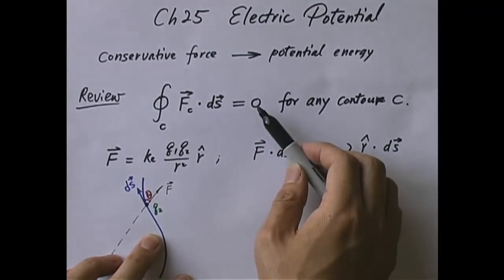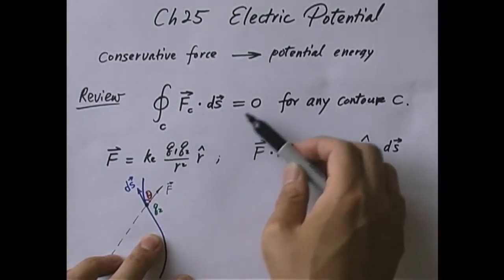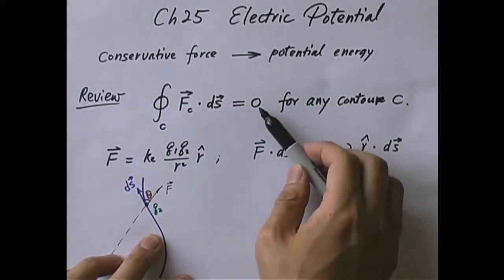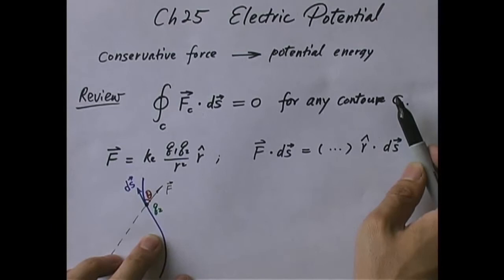That means the total work done by this conservative force along any self-enclosed path would have to be 0 for that force to be called a conservative force. That is the definition of a conservative force.